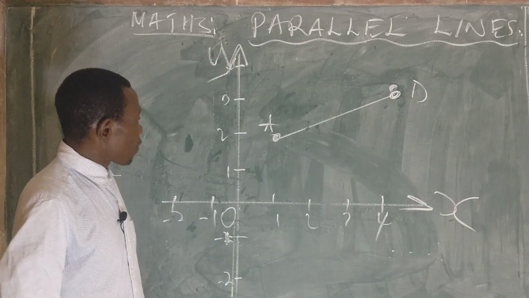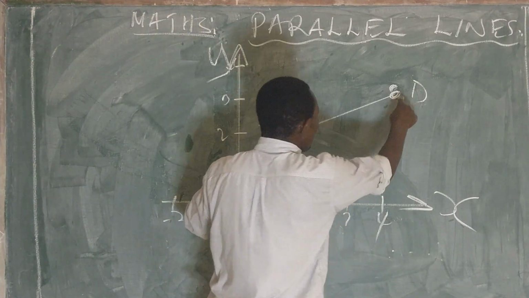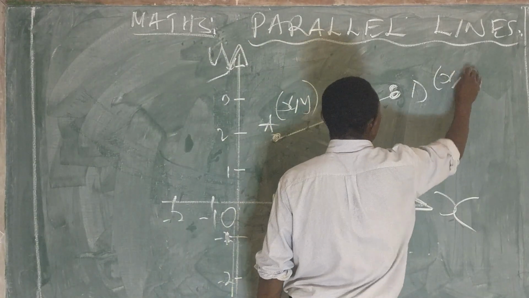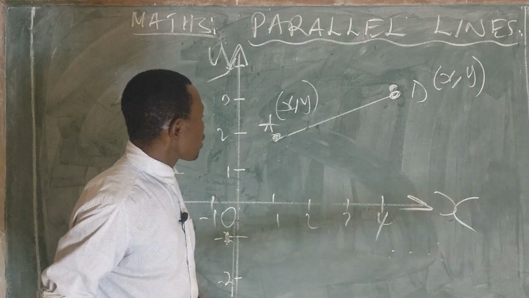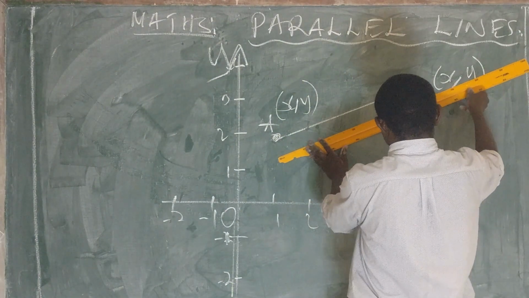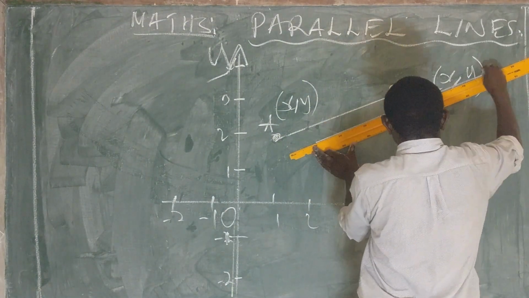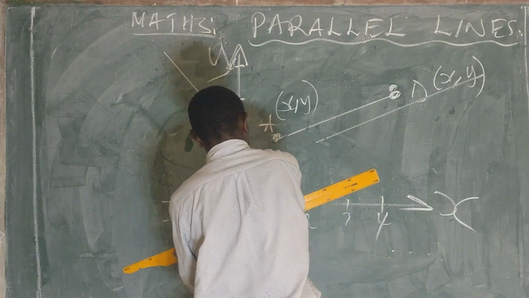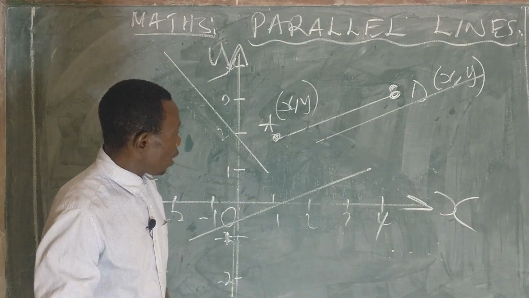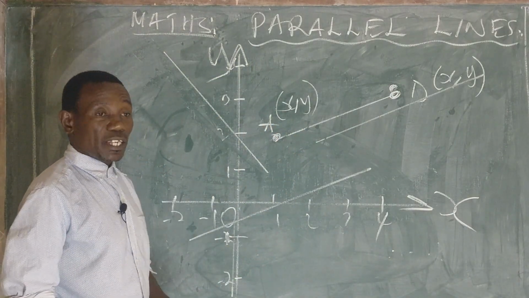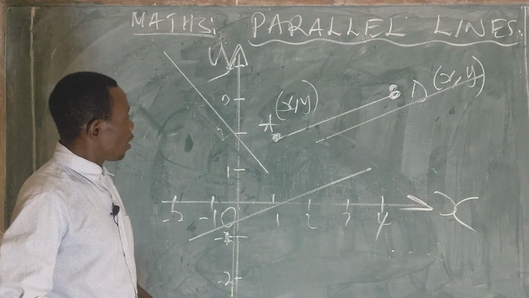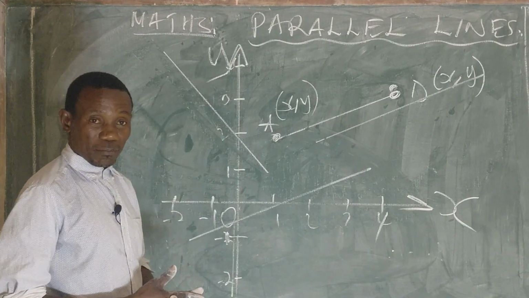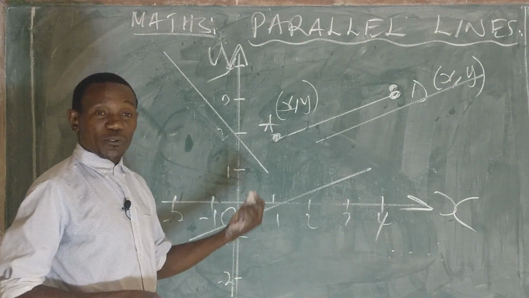Suppose I draw several lines here, with values of x and y, another line in respect to the x-axis, and another line here. We'll be asked to show that any 2 pairs of lines are parallel, and also to work out the equation of a line given the equation of the other line.